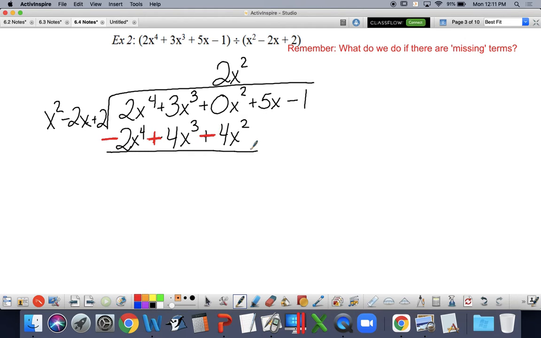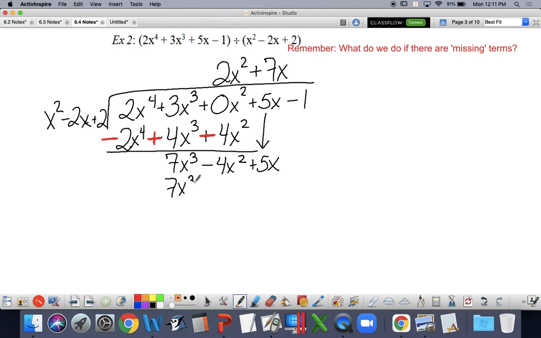My x to the fourth nicely cancel out. I get 7x cubed minus 4x squared. And I bring down my next term, 5x. All right, what is my next one? 7x. I want exactly 7x cubed, so I need a positive 7x up here.